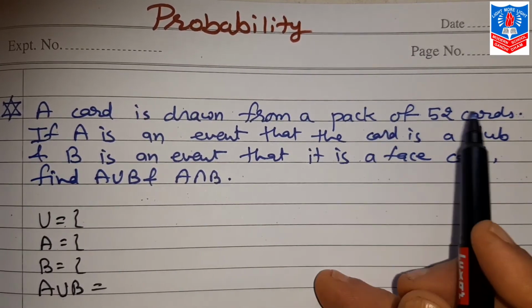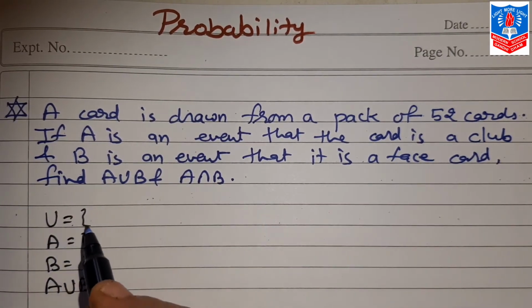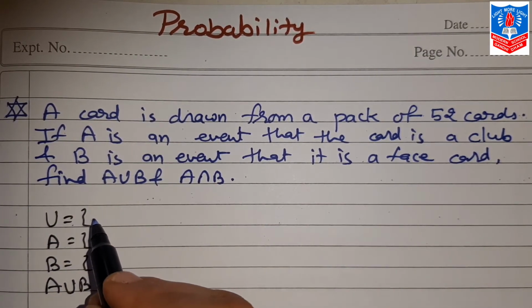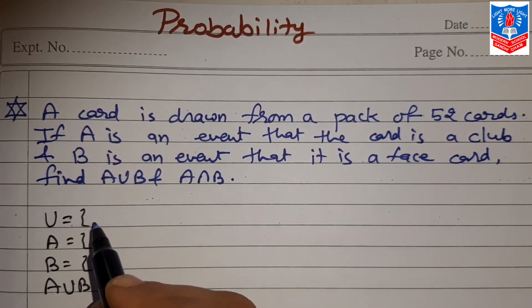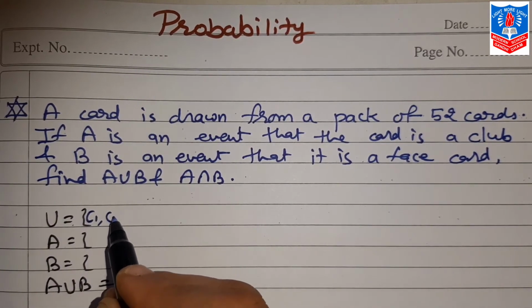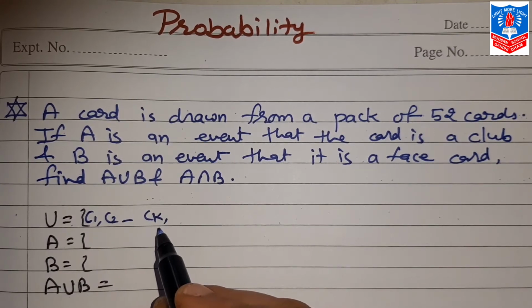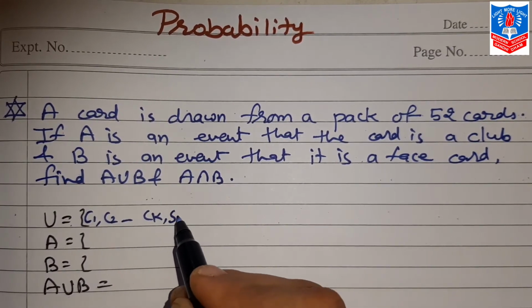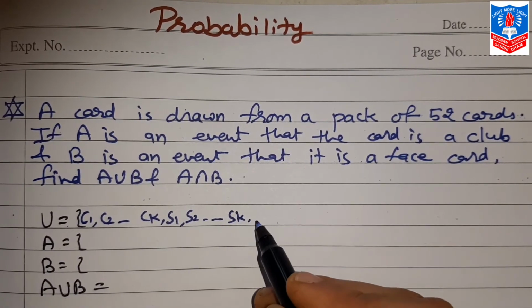Now here total cards are 52. So sample space U, that will be, of course, we won't write all 52, but of course this way we can show it C1, C2 up to CK, that is king, last card. Same way of spade, S1, S2 up to SK.